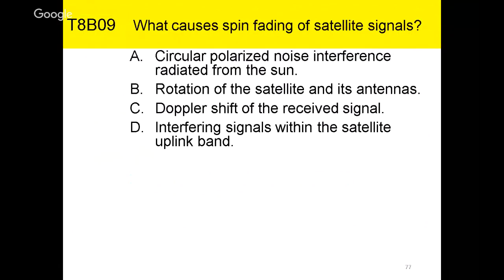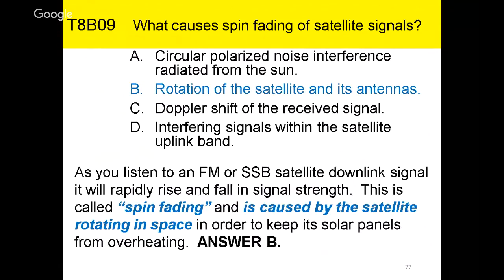And what causes spin fading of satellite signals? Remember that satellite is out there, and it's not really staying in one position as it travels around the Earth. It actually rotates. The rotation of the satellite and its antennas may cause spin fading.